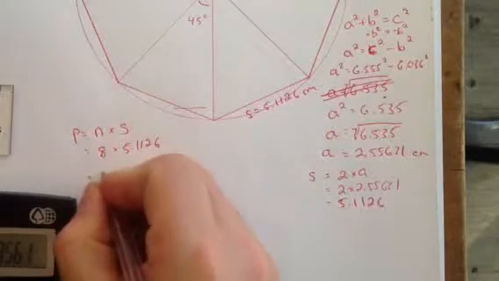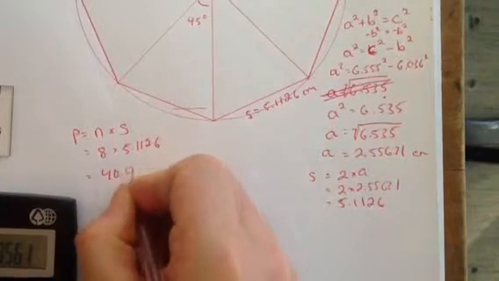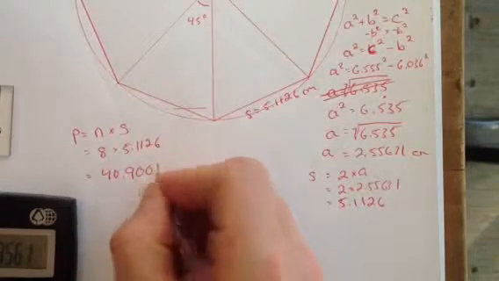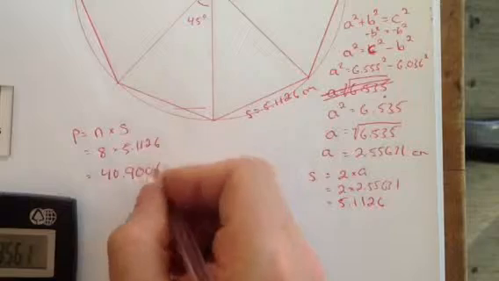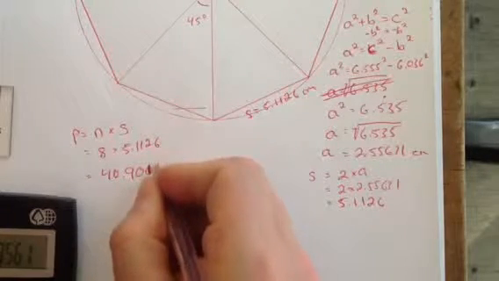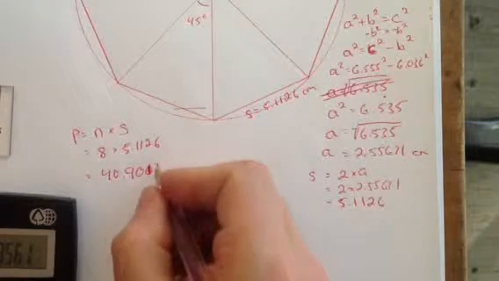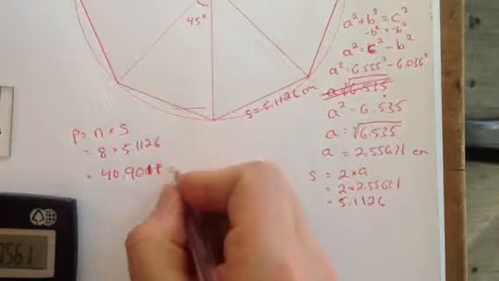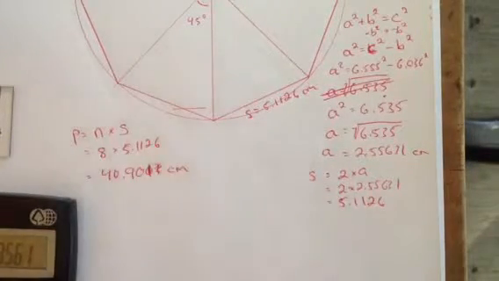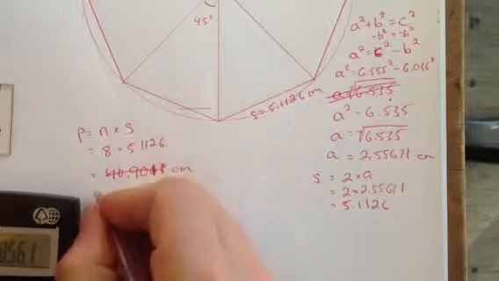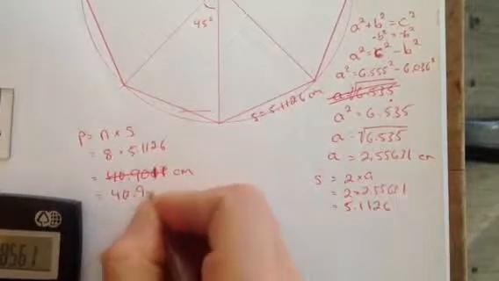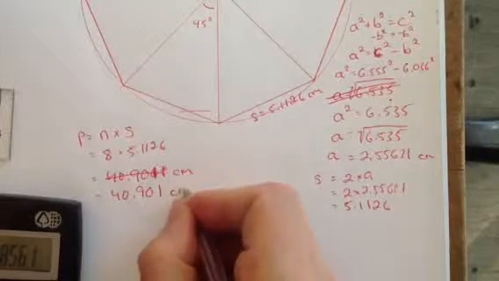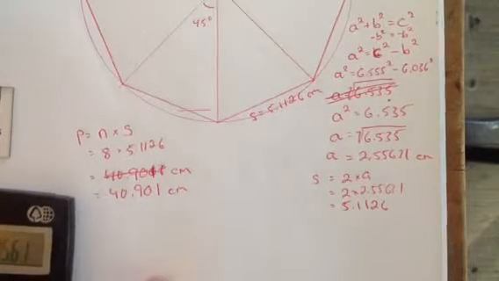That sounds good. 40.901 centimeters. Okay, so that's the perimeter.